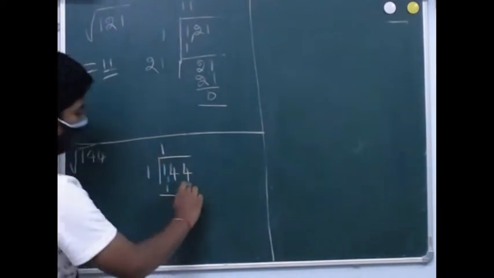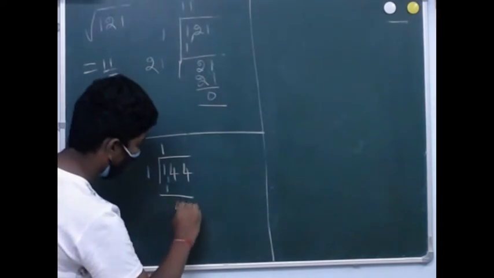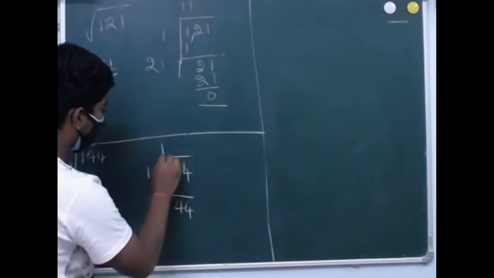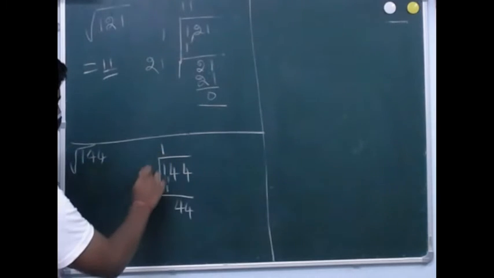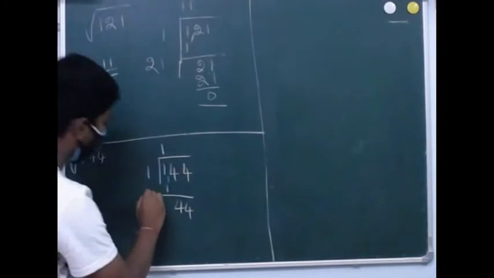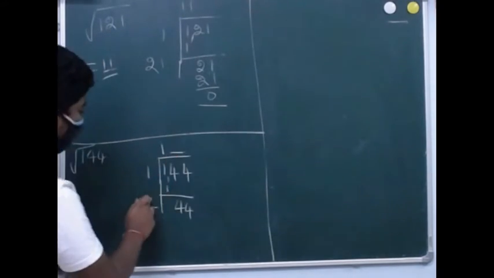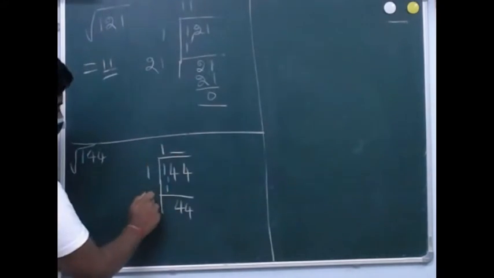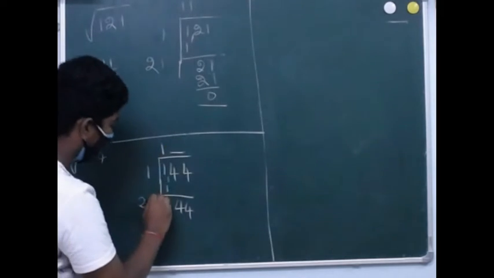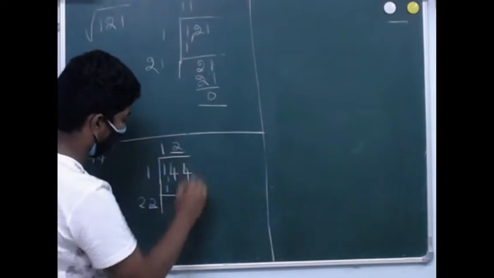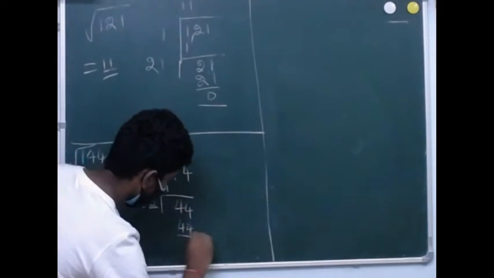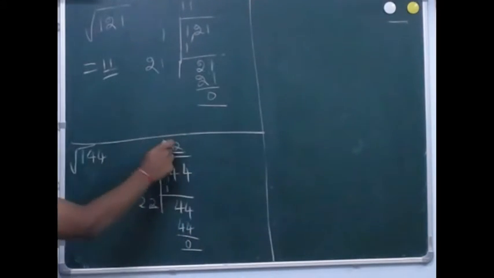So 44 we should take as it is, as a remainder. So next we should multiply 1 into 2. So we will get 2. So we want to get one number, so we should put the same number in the quotient. So 2's are 22, into 2's are 44, which is equal. So therefore root 144 is 12.